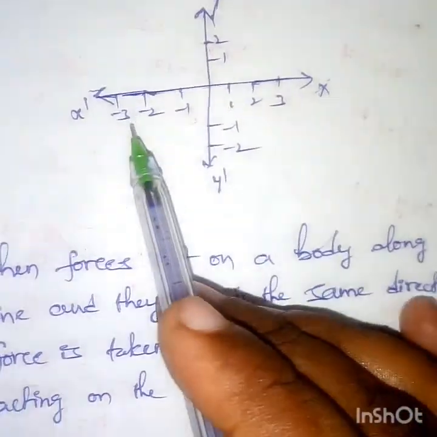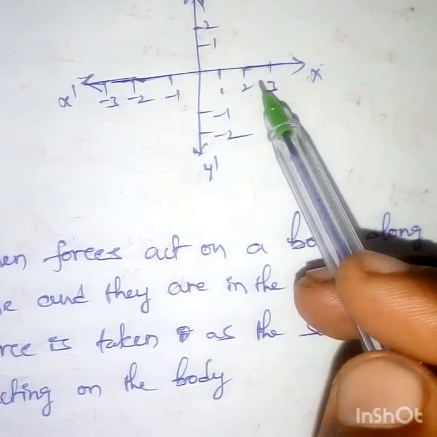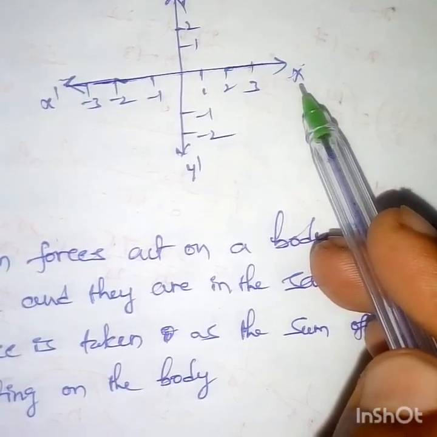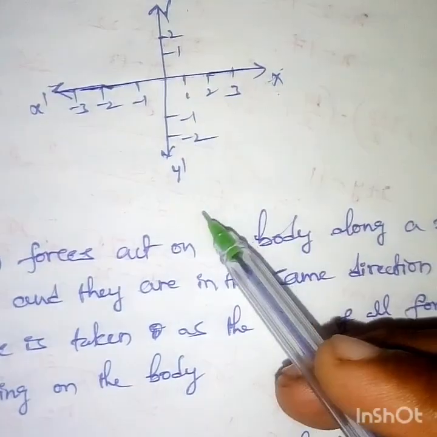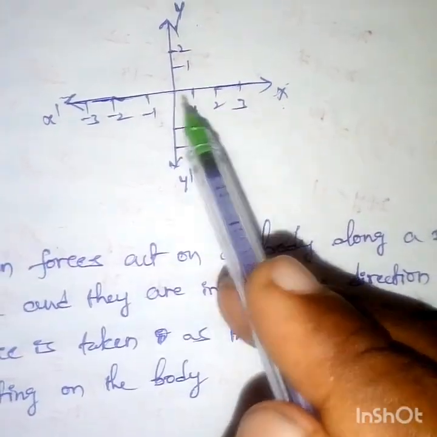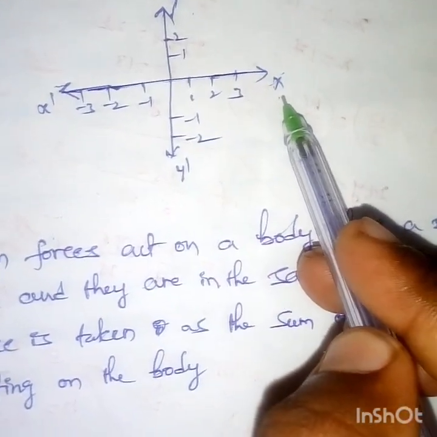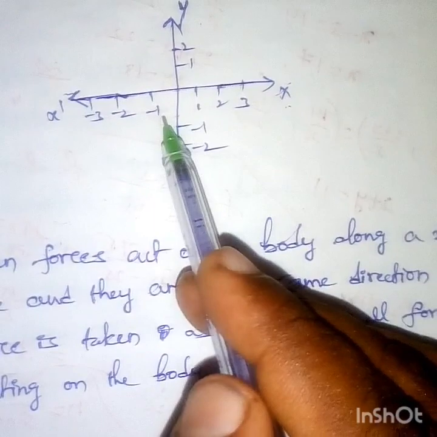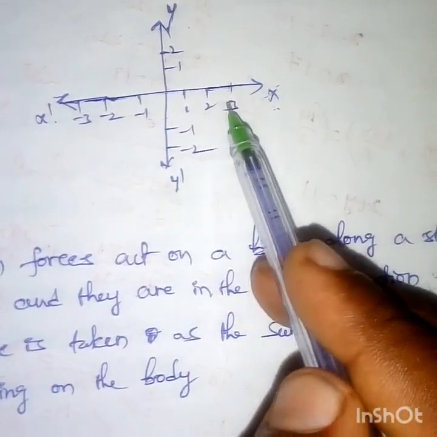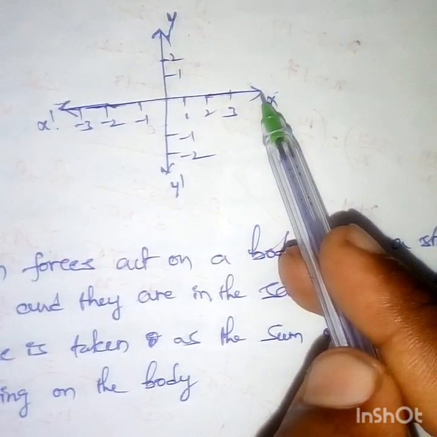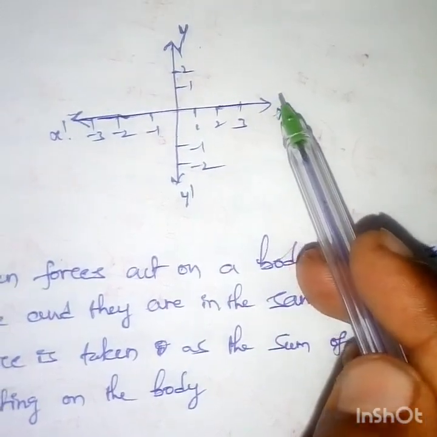If you observe this picture, here are the x-axis and y-axis, and here the x-axis and x-dash axis, similarly the y-axis and y-dash axis. We take the positive values on the x-axis and we take the negative values on the x-dash axis. Here the positive axis is directed towards the right side.